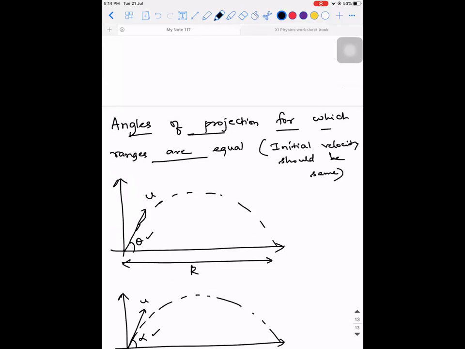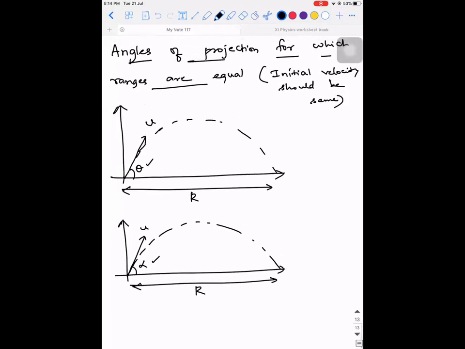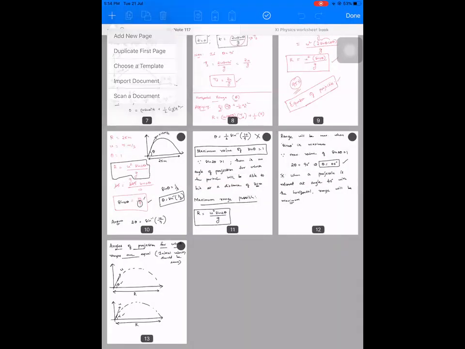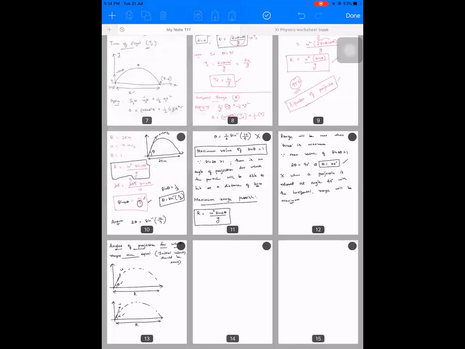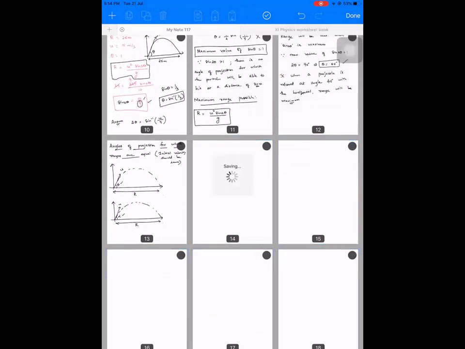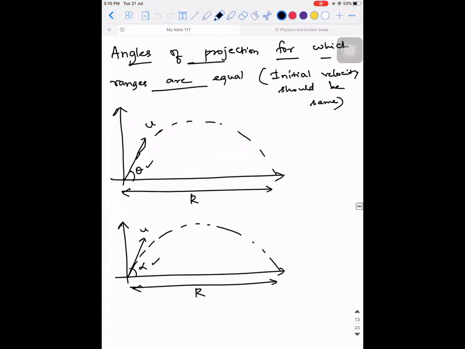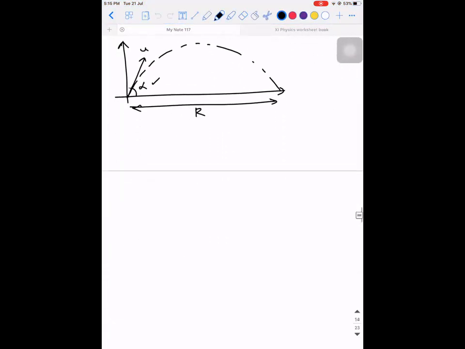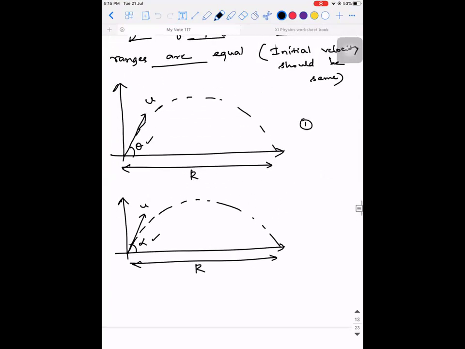Clear? Now see what I'm going to do is, case 1 and case 2.